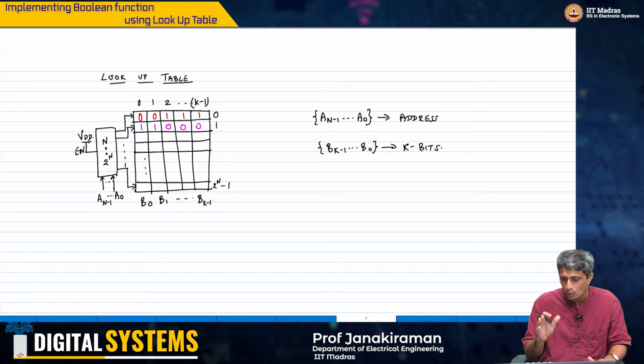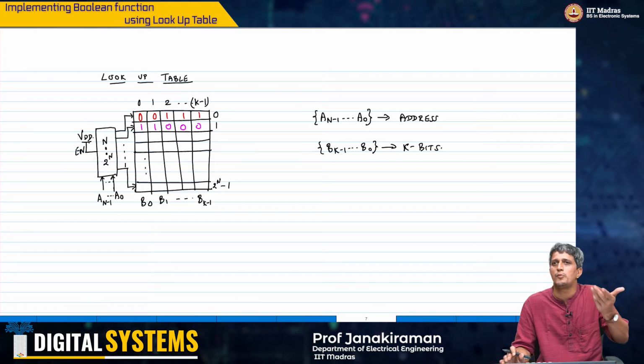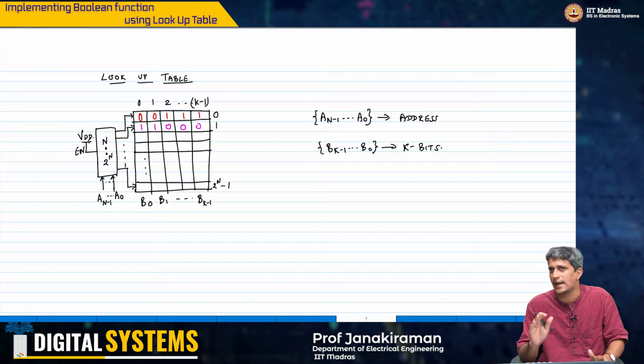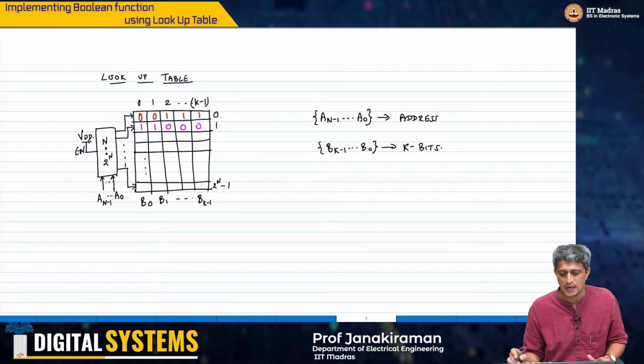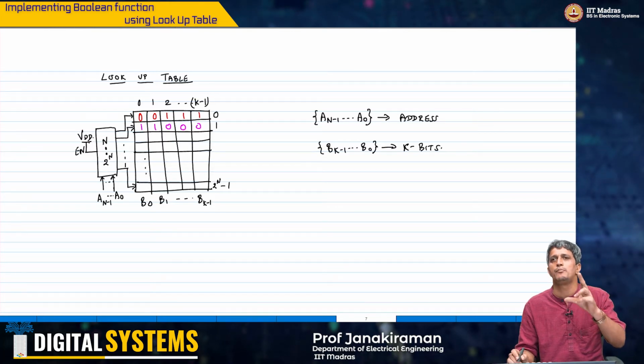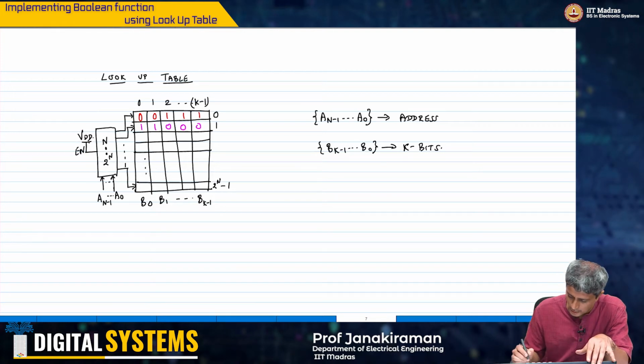Now what this allows us to do is to implement arbitrary Boolean functions again. Let us see how to implement this. Let us say I have an n bit address, which means there are 2 power n locations and a k bit readout from that memory.